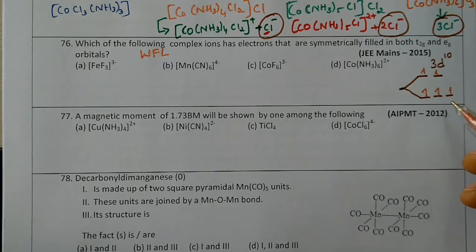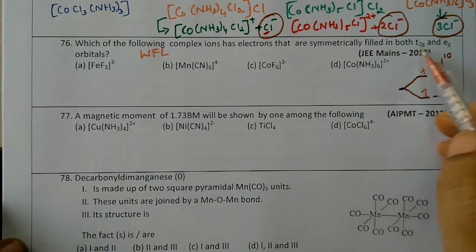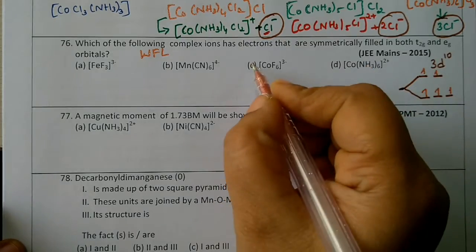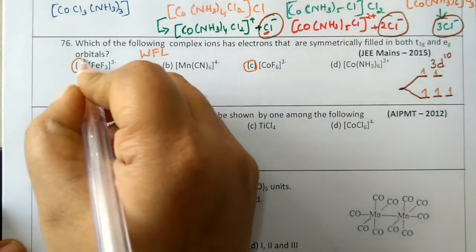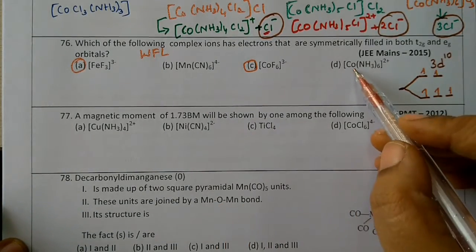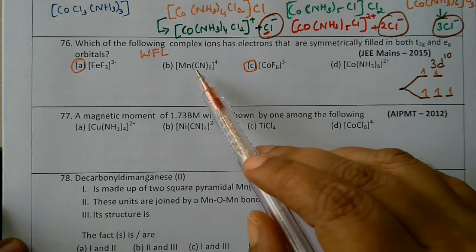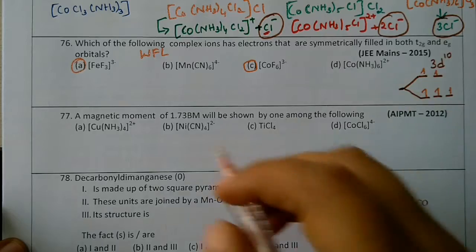That means only with a weak field ligand are we going to get the symmetrical distribution. So we have two complexes with a weak field ligand, that is A and C. CN is a strong field ligand. If it is cobalt, NH3 is a strong field ligand there. So option B and option D are with strong field ligands.